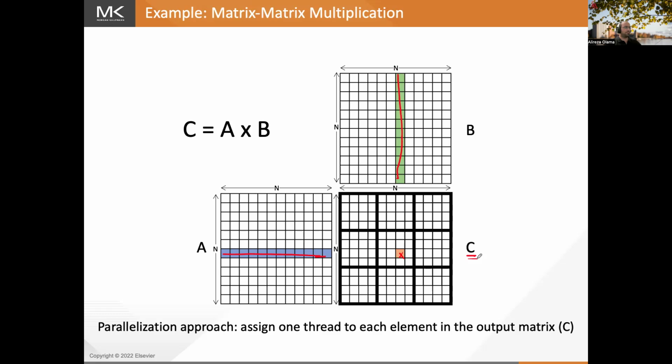As you saw in your second homework assignment, we can also perform cache optimization here, but at the moment we just focus on this naive parallelism approach where you just assign a thread to compute the output element without thinking about cache optimization.